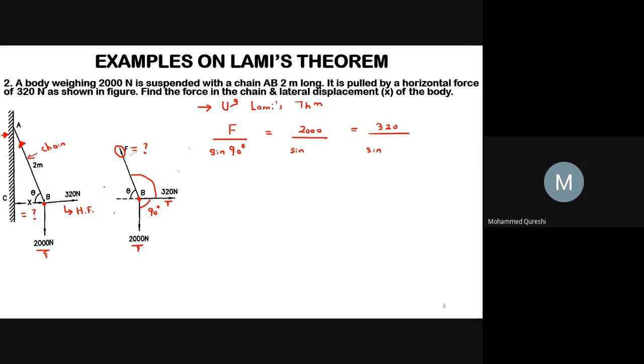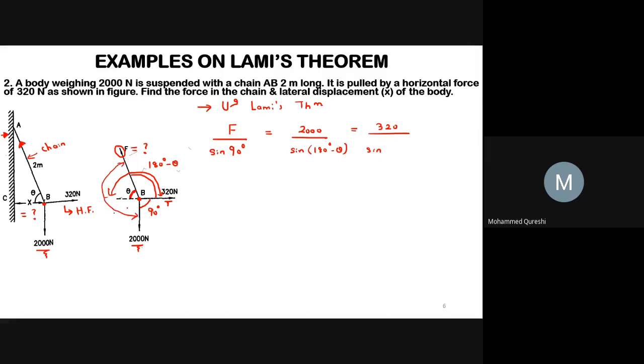2000 upon sine of angle between the other two. So, here total is 180. Out of 180, theta is already given. So, this angle will be your 180 degree minus theta. So, 2000 upon sine 180 degree minus theta. Now, 320 upon sine of angle between the other two.